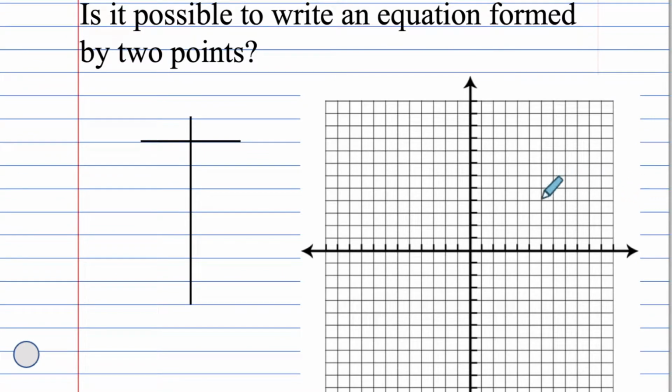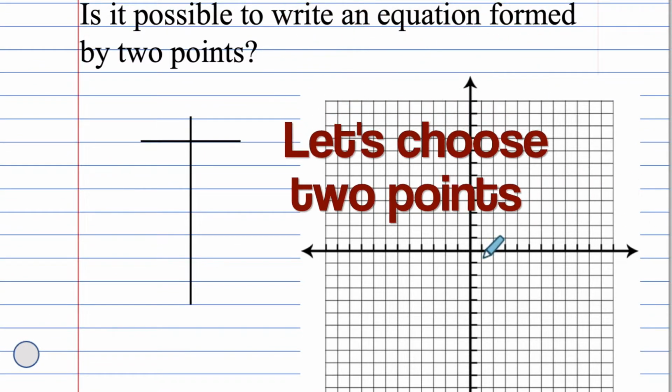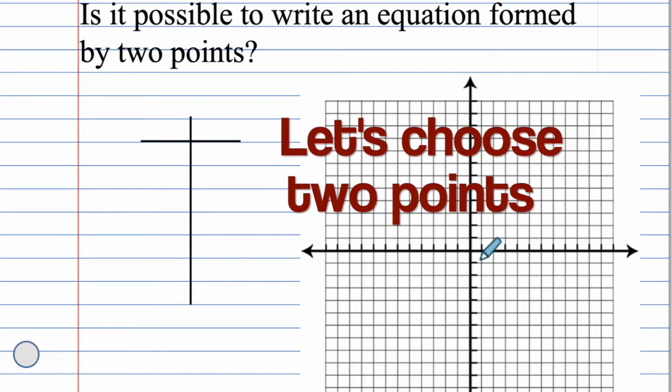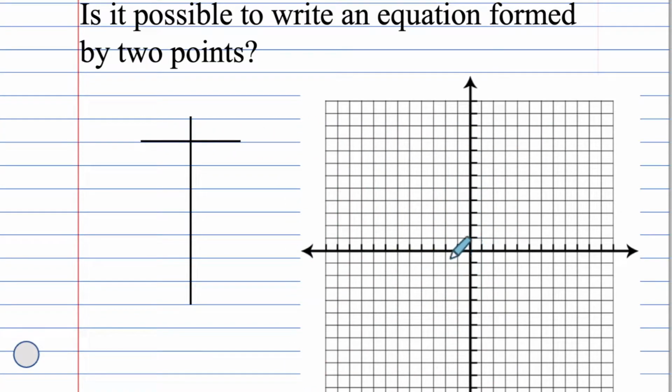Let's say the points are, we'll throw some negatives in here. How about (-5, -2), right there. So we have -5 and -2 for the first point.